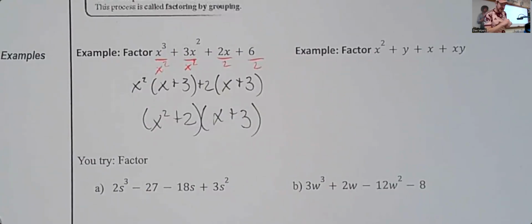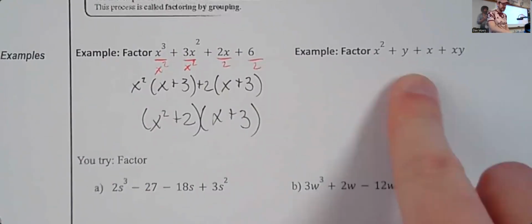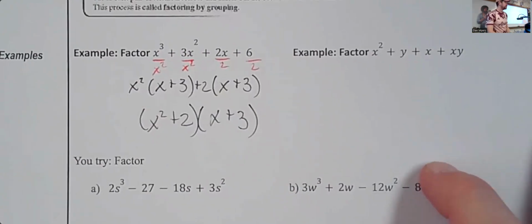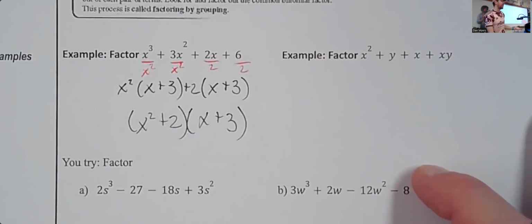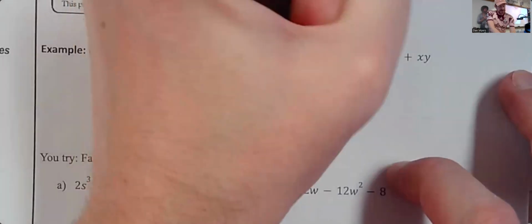All right, let's go ahead and look at the next one here. What can we factor out of x squared and y? What's that? 1, yeah. If we can't factor out a variable or some other number, you can always factor out a 1, which is actually what we need to do here.